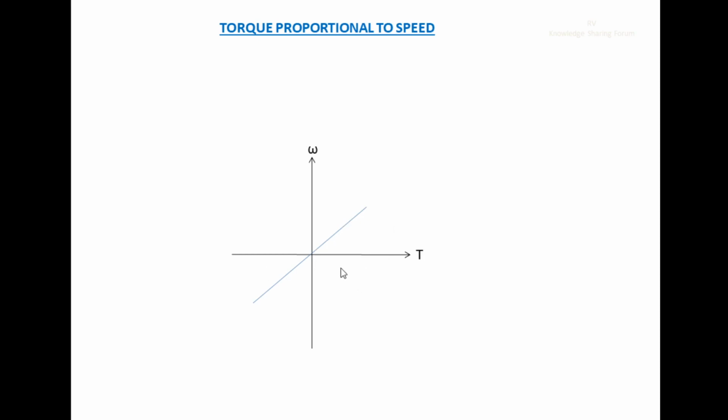So this is called torque proportional to the speed. The mathematical expression is, torque is directly proportional to the speed. Therefore, after removing the proportionality sign and introducing a constant K, we can write torque is equal to K into omega.